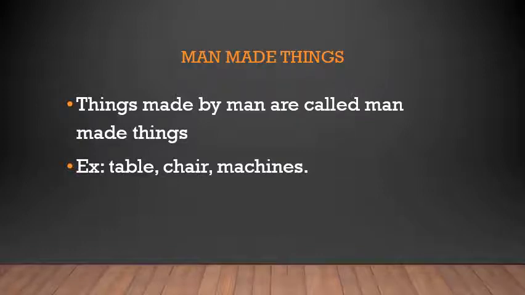Now in this video you're going to learn man-made things. Man-made things are the things that are made by man. Made by man means it is not naturally occurring, like the table or the phone that you're holding, or your laptops, your aquariums, your TVs, anything that is in your house is made by man.